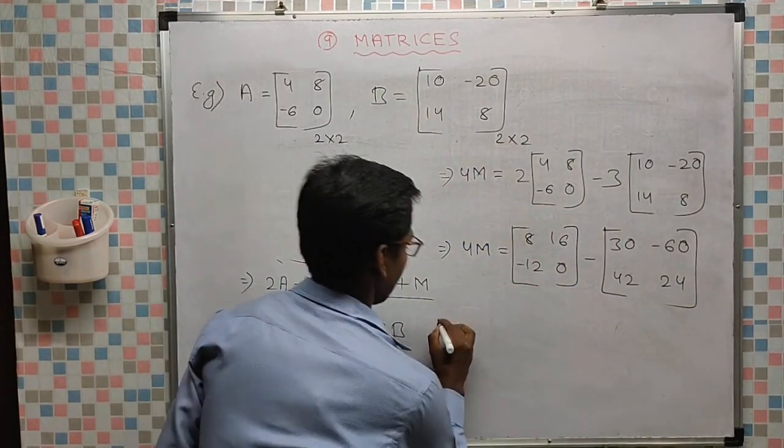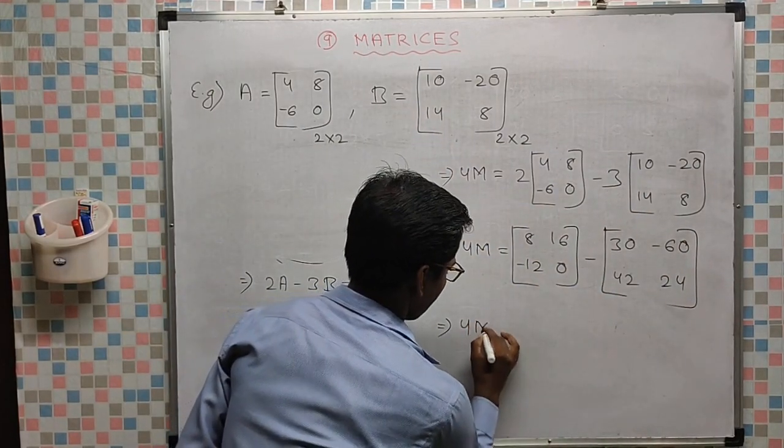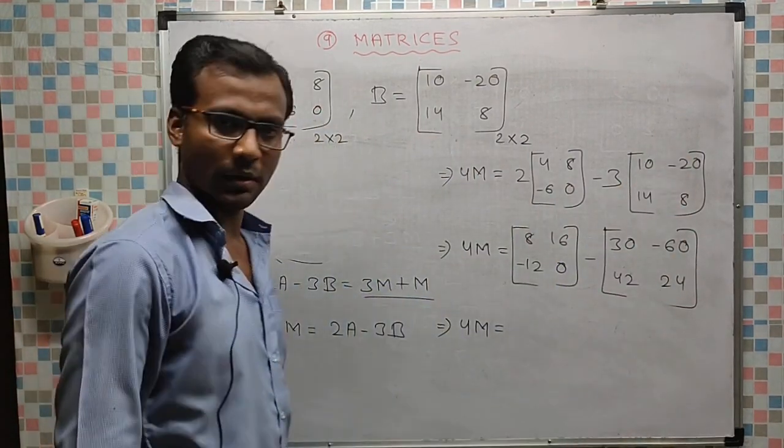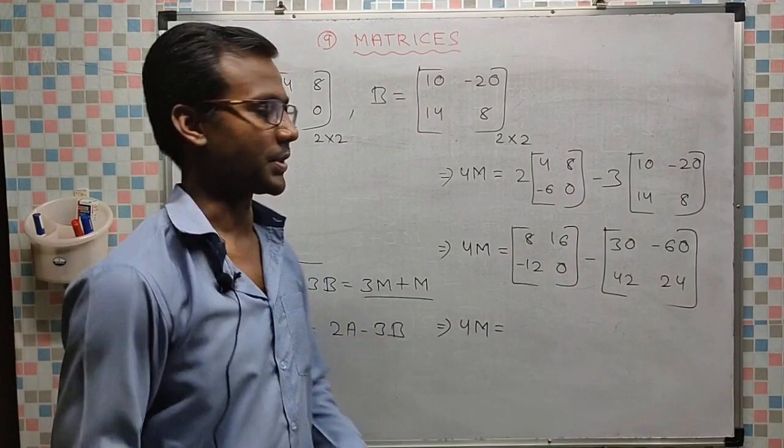So this implies that 4M is equal to, scalar multiplication is over. Now we have subtraction of two matrices.